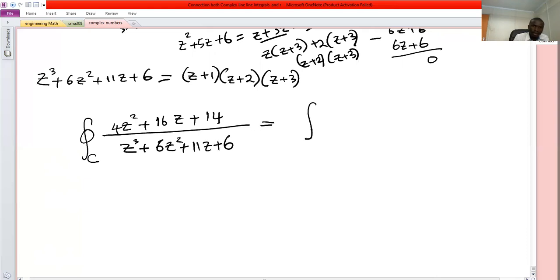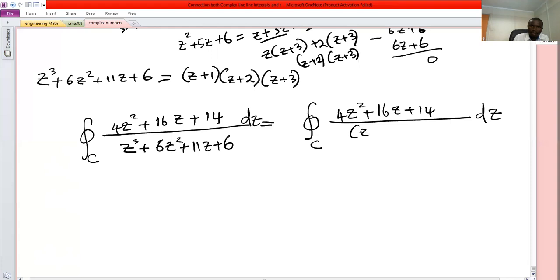So this can be written as the integral of (4z² + 16z + 14) divided by (z + 1)(z + 2)(z + 3). So this is what we have.